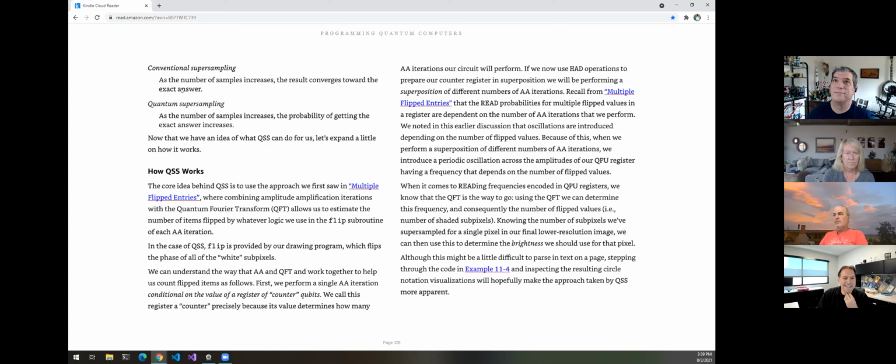Conventional supersampling: as the number of samples increases, the result converges towards the exact answer. Like you were mentioning, Jeremy, earlier, I think for that reference image, they did literally sample all 16 subpixels and came out with a perfect average. As the number of samples increases, the probability of getting the exact answer increases.